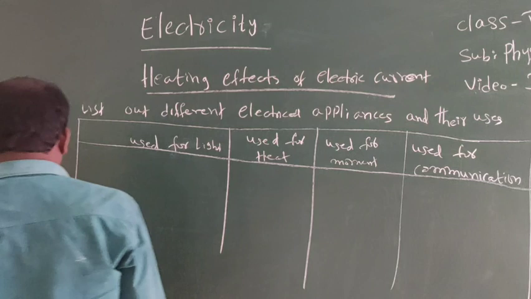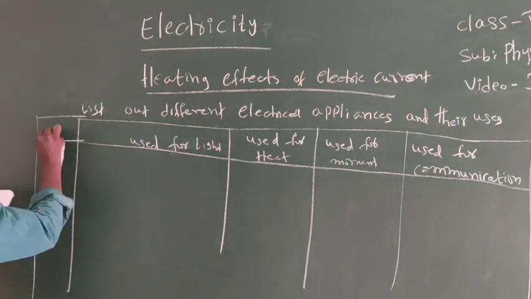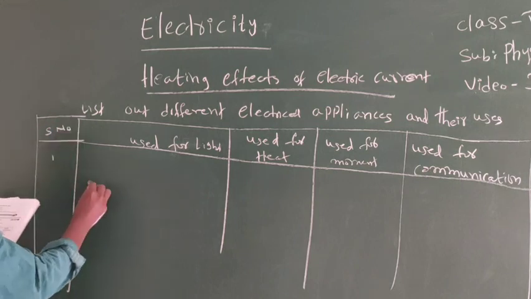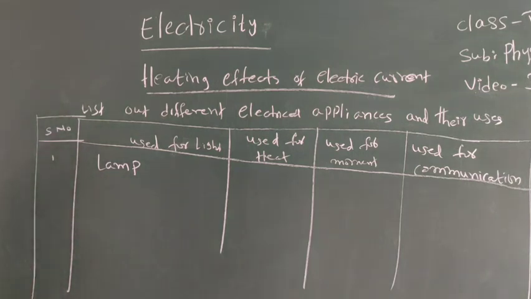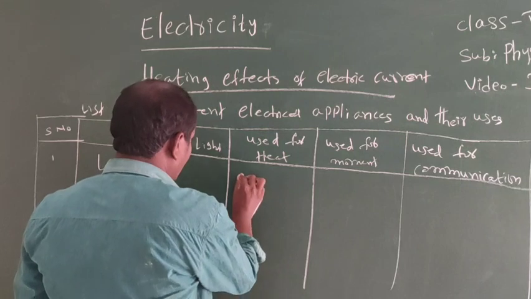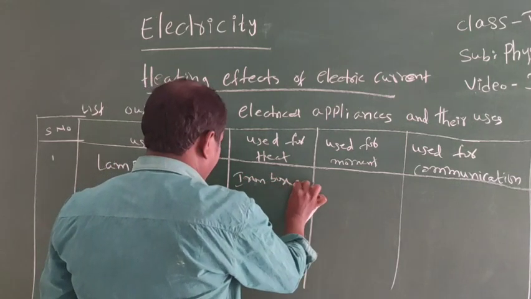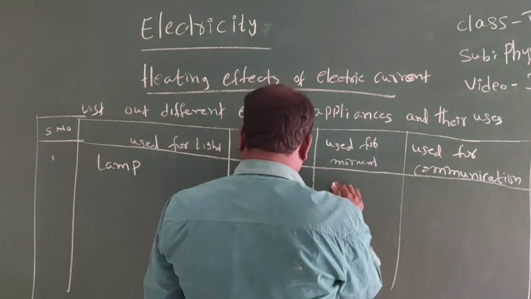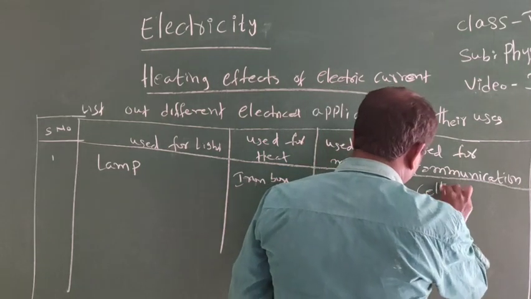Okay. First one. Serial number first one, lamp. Iron bars used for heat. Iron bars used for movement. Lift and the cell phone.